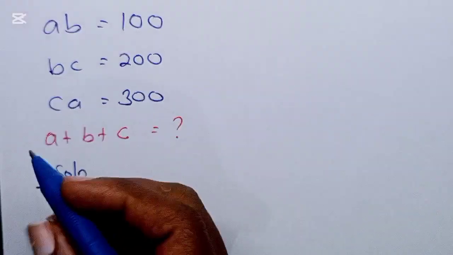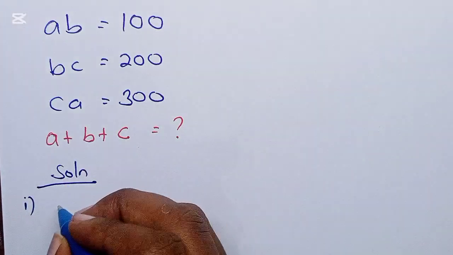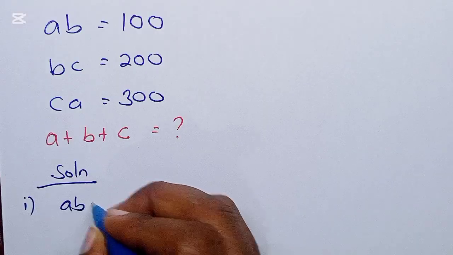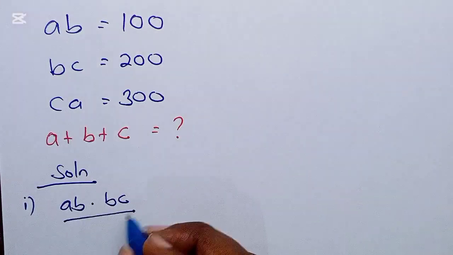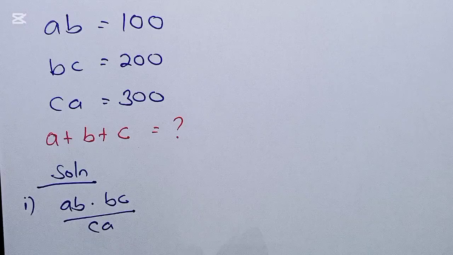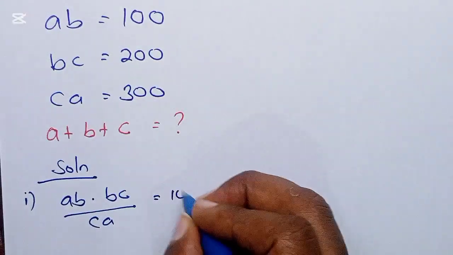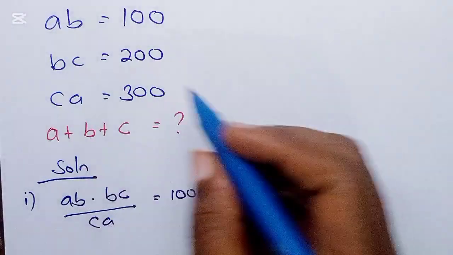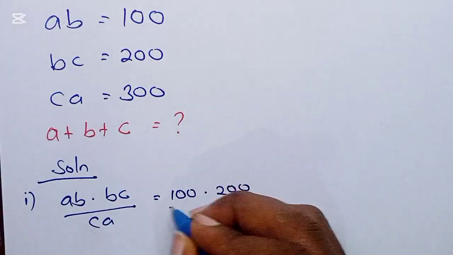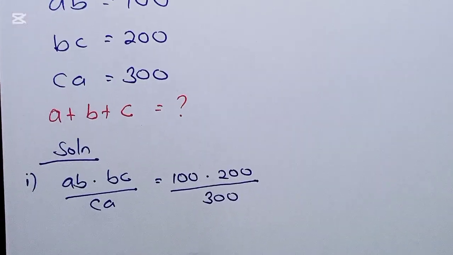First, if we are to take AB times BC over CA, considering this first. So this will be equal to AB is 100 times BC is 200 over CA, which is 300.